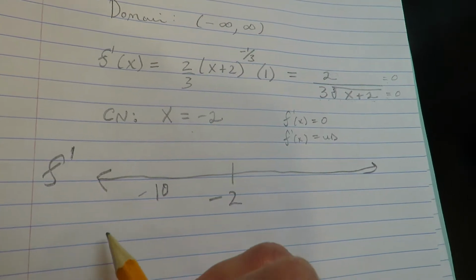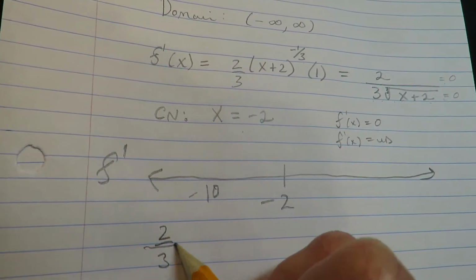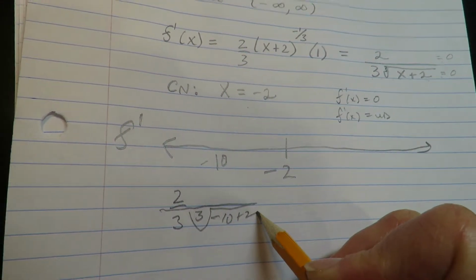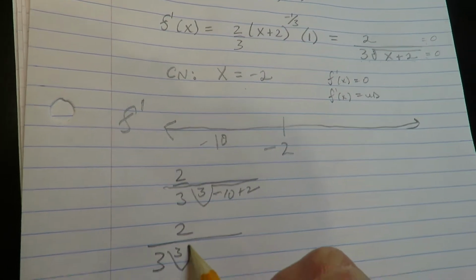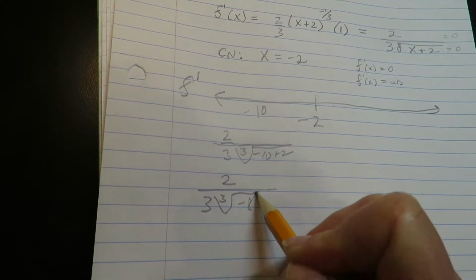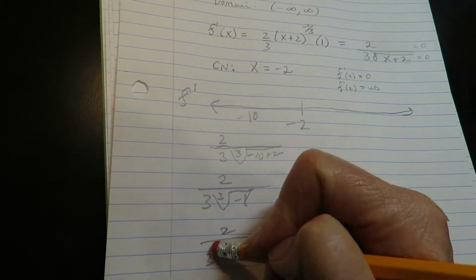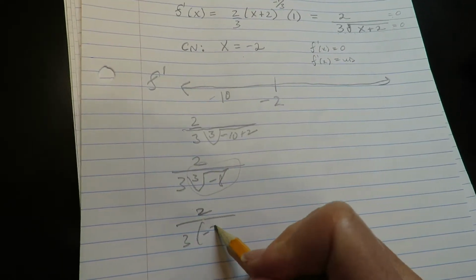My point is, and maybe I should write it out because some of you are very visual, if I put -10 in here, you just want to know whether this is positive or negative. This is going to be -8, so the radical part will simplify as a -2.